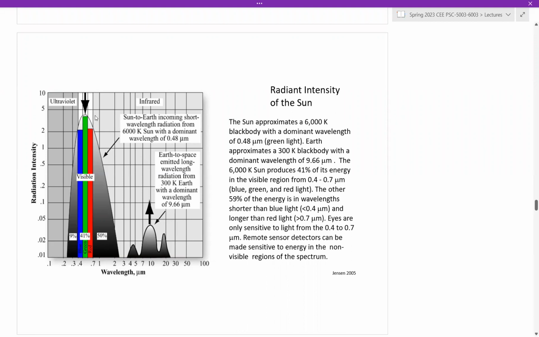So our eyes and the eyes of animals and the plants evolved to take advantage of the spectral region where most of the light is emitted. Some animals or plants also use other regions, like bees use the ultraviolet region to detect patterns in flowers.